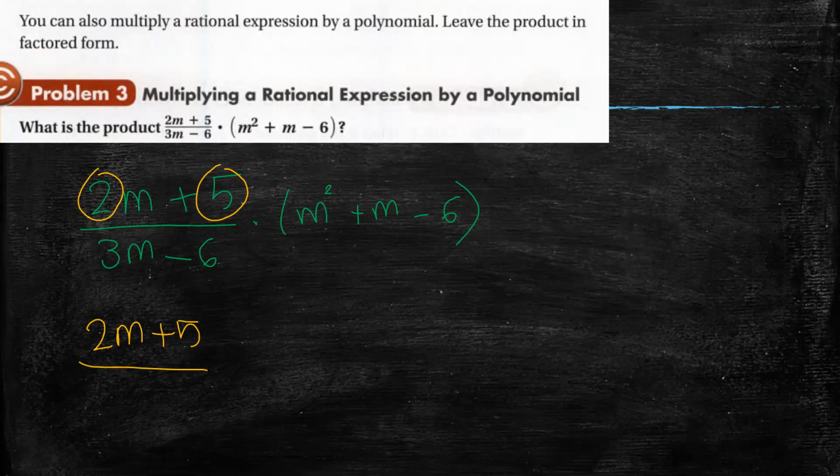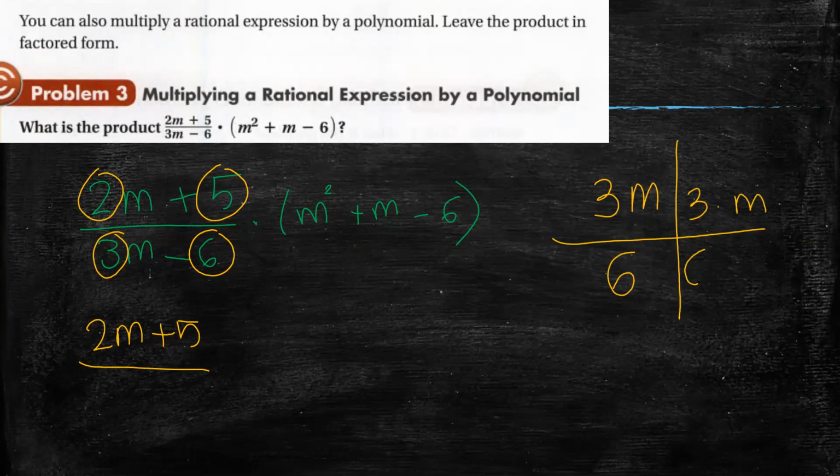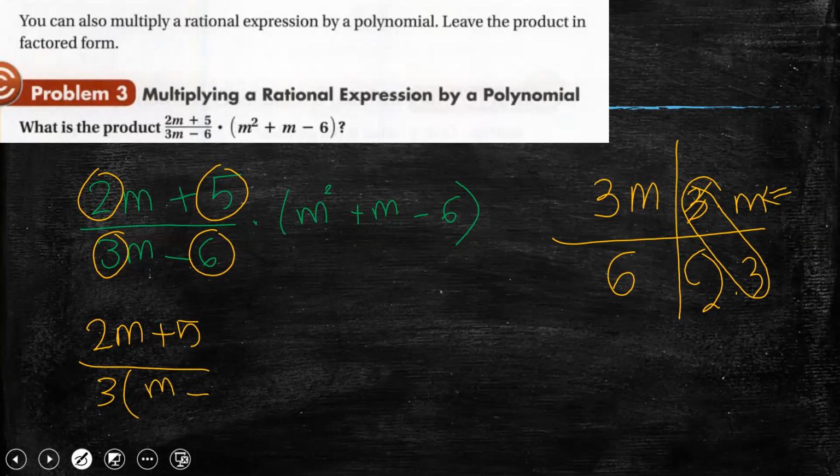Now, look at the second one, 3m and 6. Is there a common factor between them? Yes, 3. Here we have 3m, that means 3 times m, and 6, that means 2 times 3. So the common factor is 3. If you remove 3 from the first row, what is left? m minus 2. Bravo.